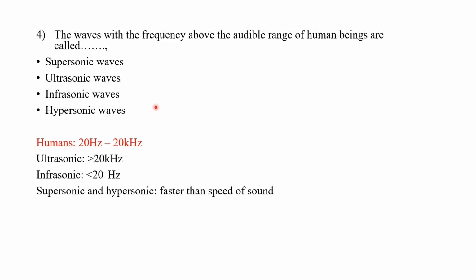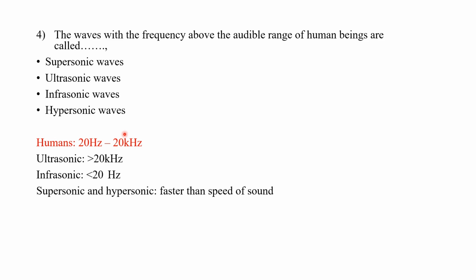Humans can only hear sound frequency between 20 Hz and 20 kHz. And any sound within this boundary is called audible sound.